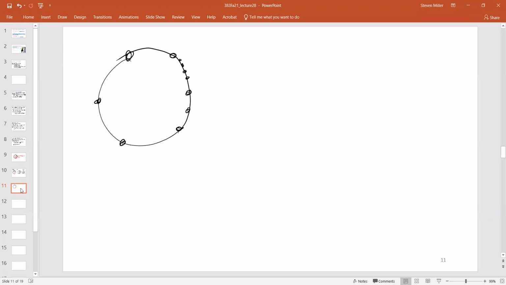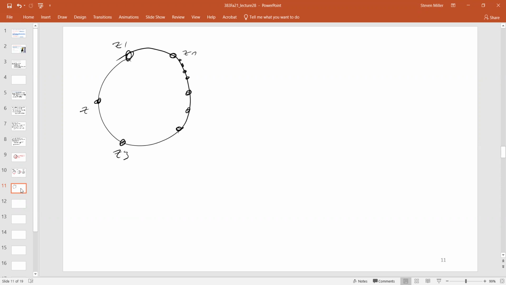I did slip originally, might have been on purpose. Before I wrote XY, I wrote something else. Anybody notice what I wrote? I wrote Z star. So let's call these Z1, Z2, Z3, Zn.